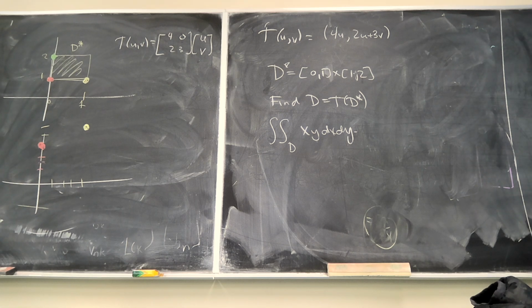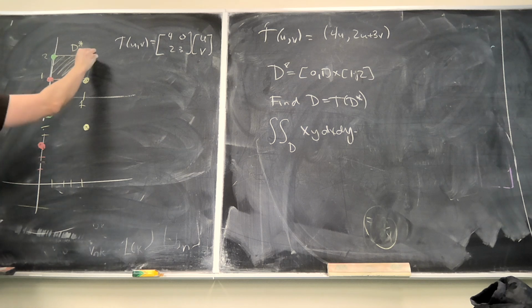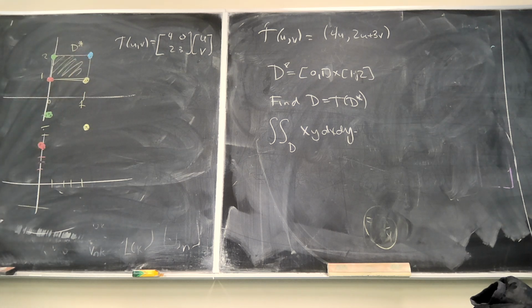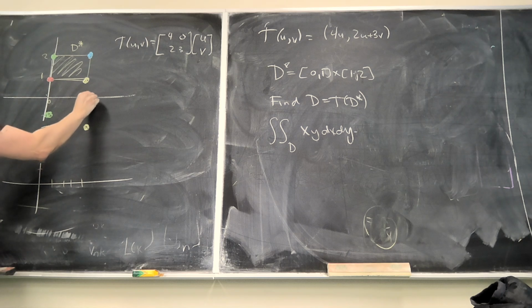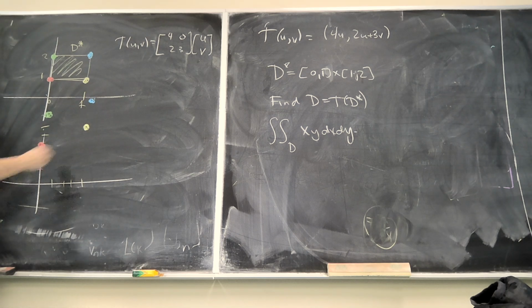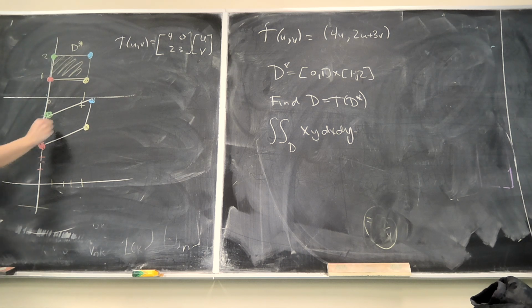Is it (0, 6)? Now, I'm guessing that the next dot is going to be right there, since I know this is a parallelogram. Blue corner, which is at (1, 2), it's (4, 8). And we get this parallelogram right here. That is T of D star.